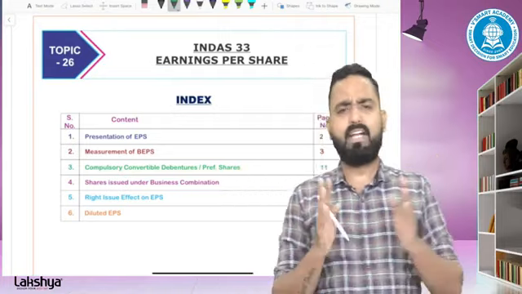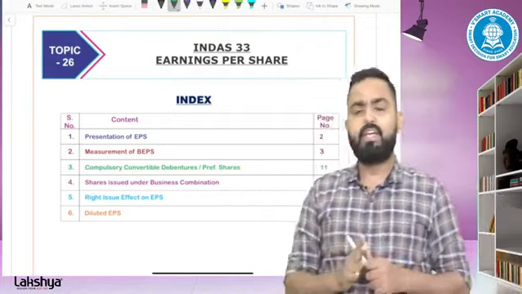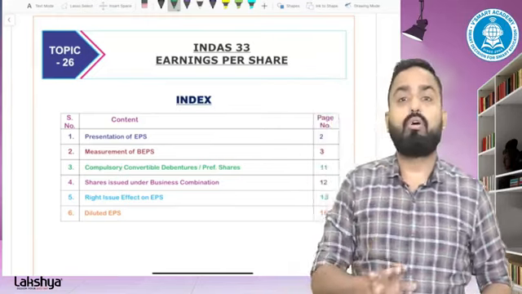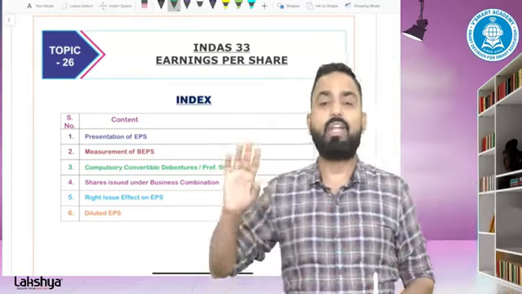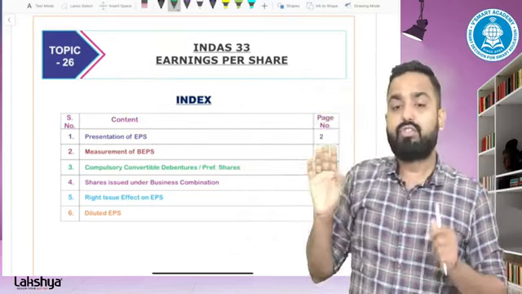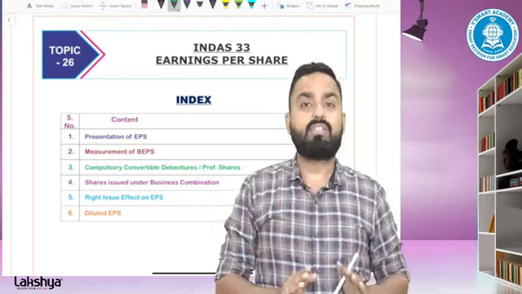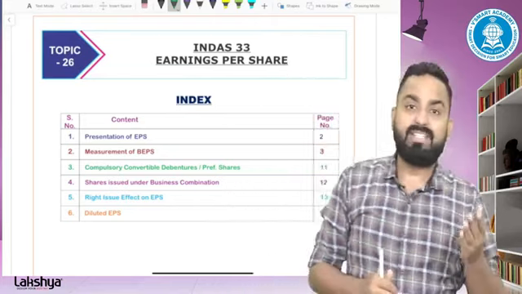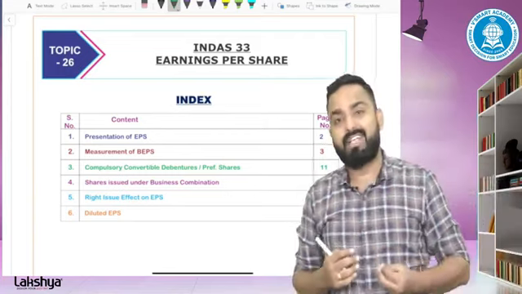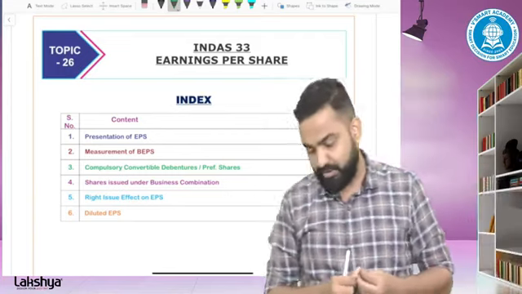For the basic understanding, for simplicity, in today's session I am not going to talk about diluted earnings per share. Diluted earnings per share will be discussed in further classes. Today we are going to discuss basic earnings per share and some important presentation aspects, how to present the earnings per share.